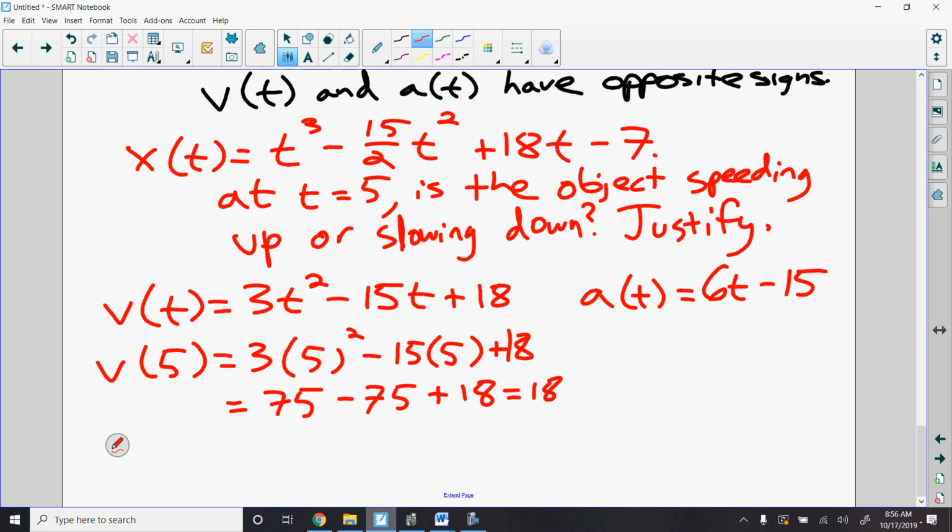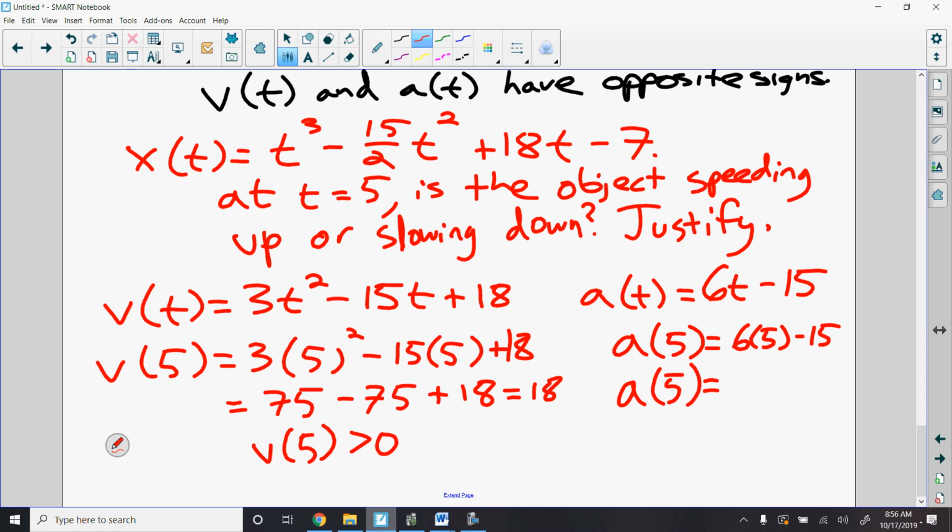So what I need to understand here is that v of 5 is greater than 0. a of 5 I'm going to calculate over here. a of 5 then would be 30 minus 15, which is 15. And again, I need to understand that a of 5 is greater than 0.